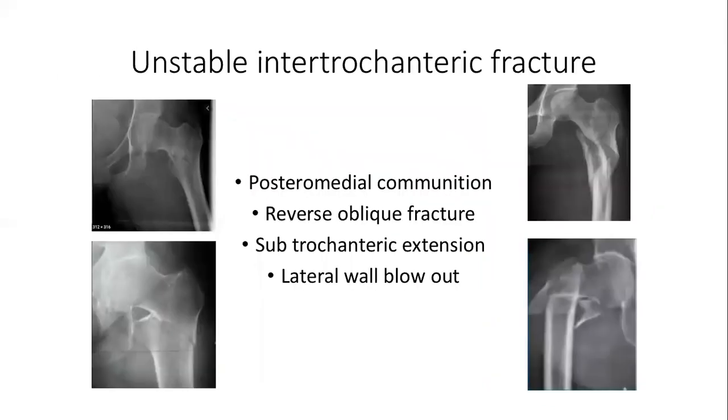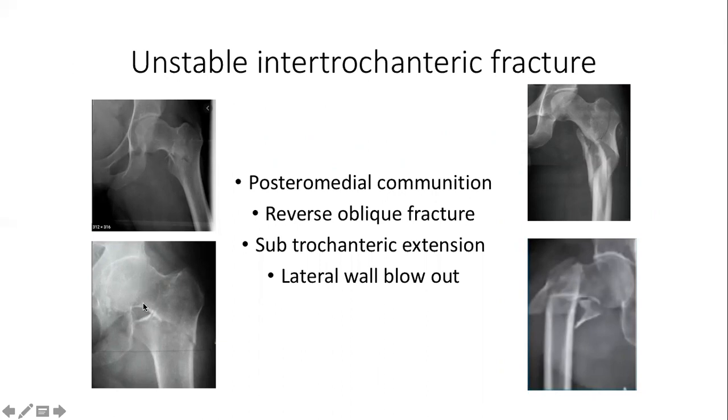So when dealing with intertrochanteric fracture, rather than going to a classification system, we have to rely on specific morphology that will render the fracture unstable. We know if a fracture has posteromedial comminution, it should be considered unstable.